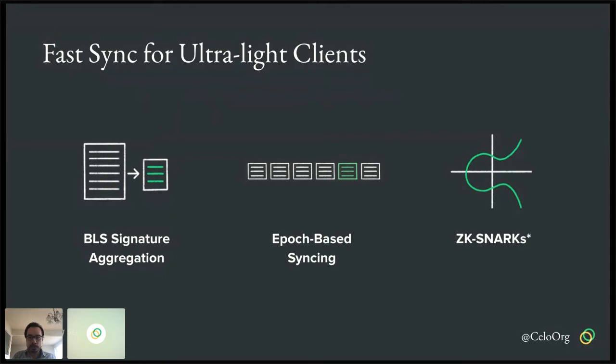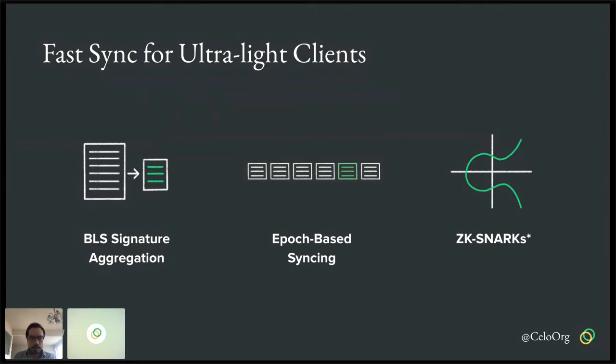As I mentioned earlier in this talk, it is very important that Valora, the mobile payments app, uses a very low amount of data for its light clients. Again, this is because a lot of our end users will be in very cellular-data-restricted environments. To that end, we've made a number of changes.